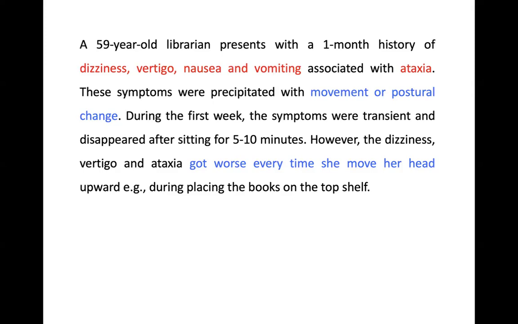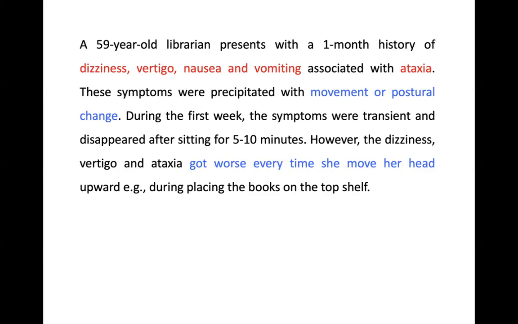Another key is that the symptoms are transient. It doesn't last for the whole day or something like that. And the symptoms can disappear after sitting for 5 to 10 minutes. This means something, because we are trying to find out the cause of these symptoms. There can be so many causes, but when you pay attention to this detail, you can rule out some of the possible causes.